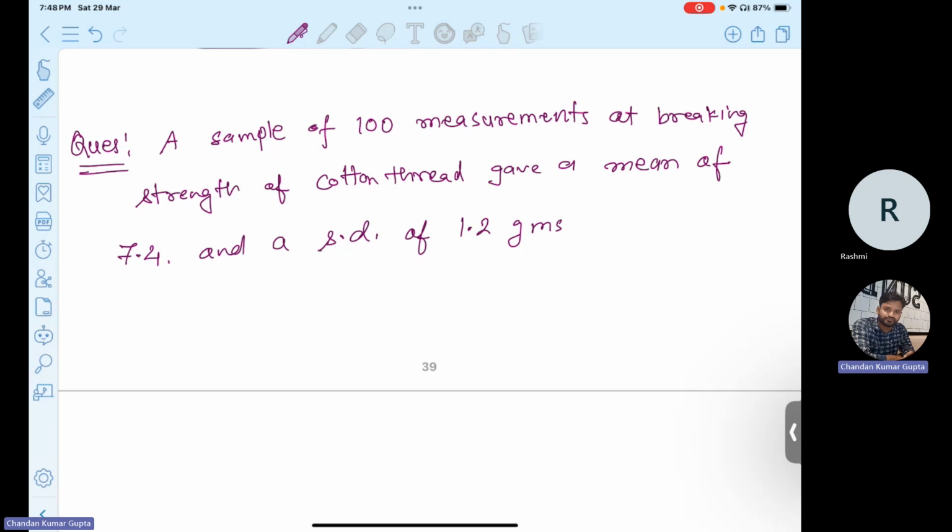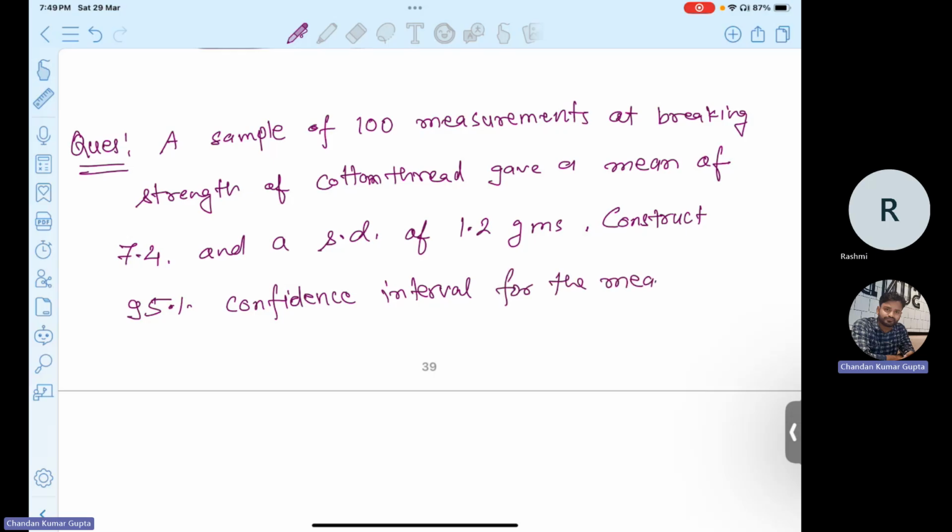Now construct a 95% confidence interval for the mean breaking strength of cotton thread.